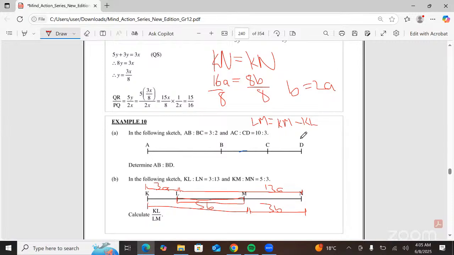Then we say KM is 5b minus 3a, and b is 2a.